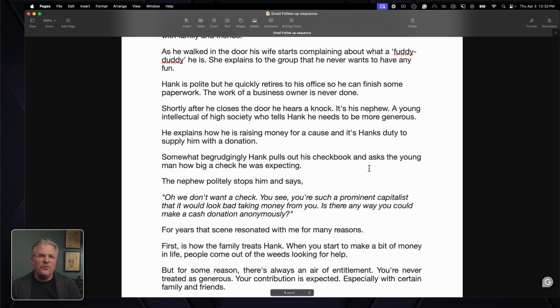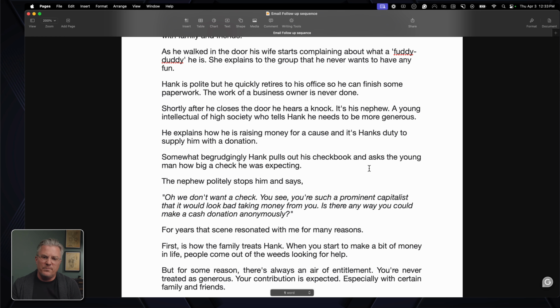And he tells Hank that he needs to donate to this charity or cause that his nephew thinks is important. And without much pushback, Hank pulls out his checkbook and says, how much money do you need? And his nephew says, oh, I'd prefer you don't write me a check, because you're a capitalist and that wouldn't go very well in the circles that I run in. Can you just give me cash?